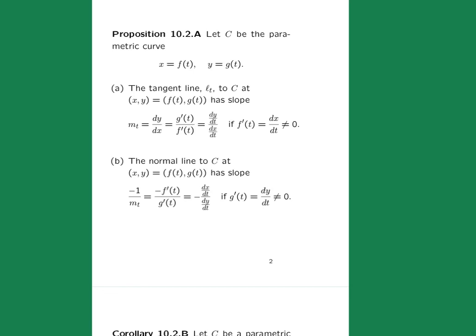In other words, each time we're looking for a horizontal tangent line to our parametric curve or a vertical tangent line to our parametric curve.